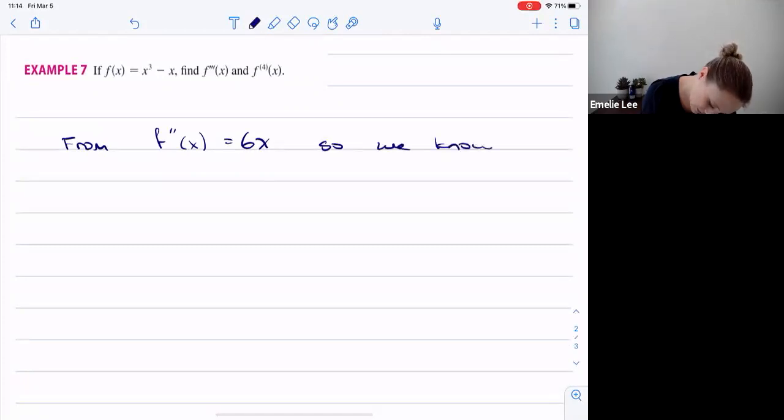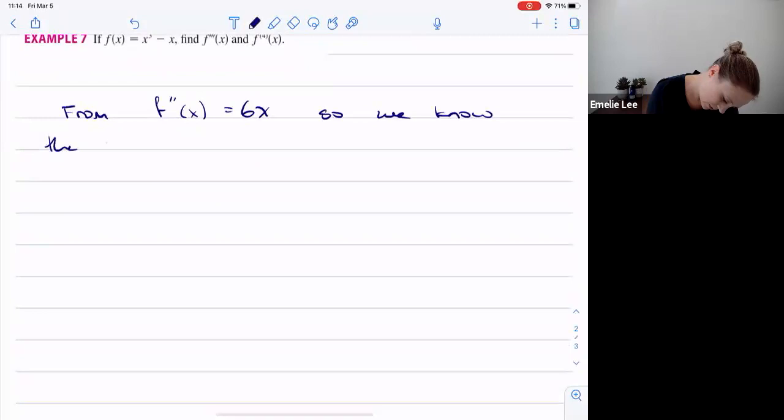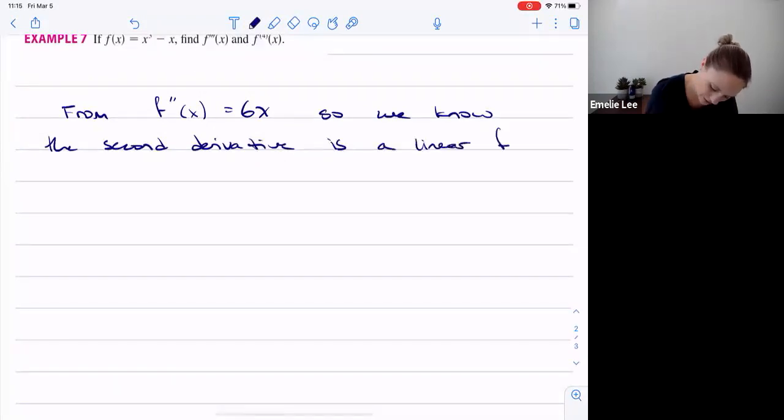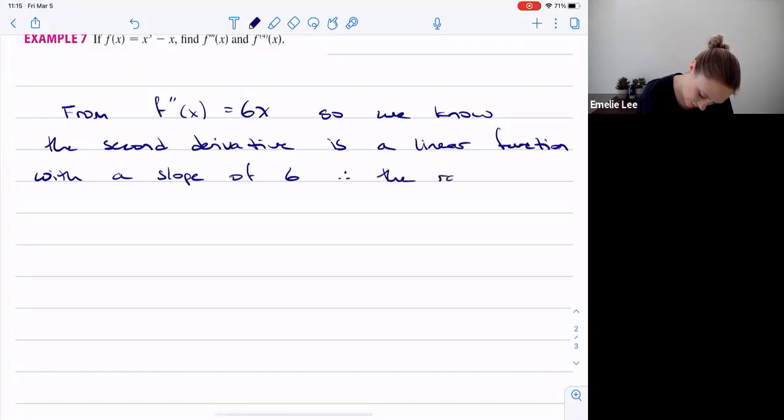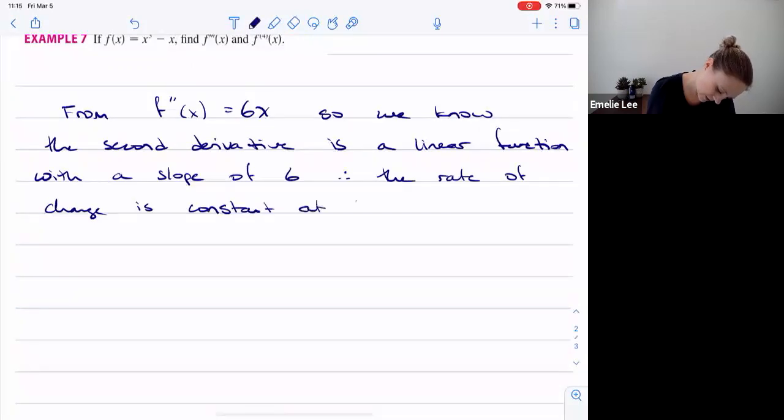So we know the second derivative is a linear function with a slope of 6. So therefore, the rate of change, which is the derivative, is constant at 6.